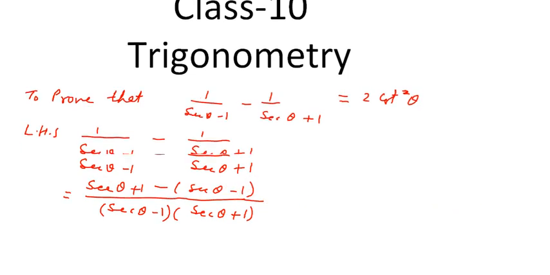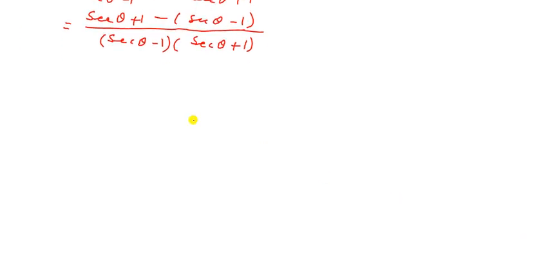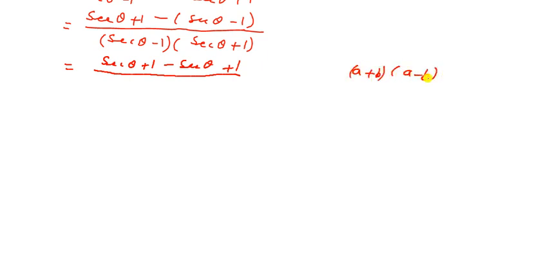What will happen in this? Now open the bracket. So it is sec theta plus 1 minus sec theta plus 1. After opening the bracket, all the signs will be changed. So it is a plus b and a minus b. So you have to know a plus b and a minus b equal to a square minus b square.